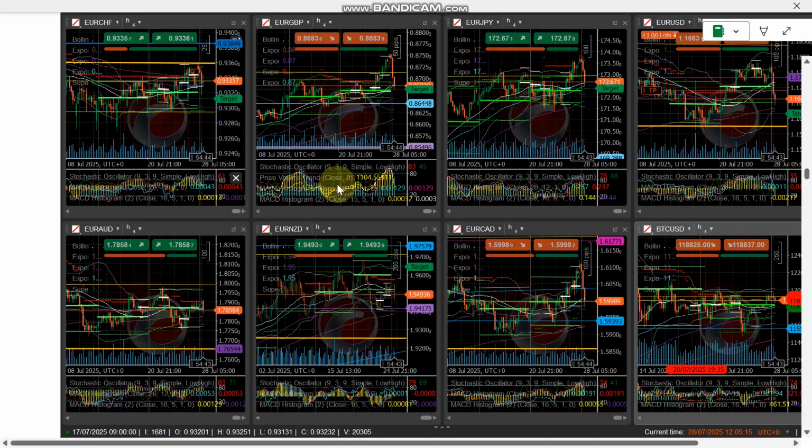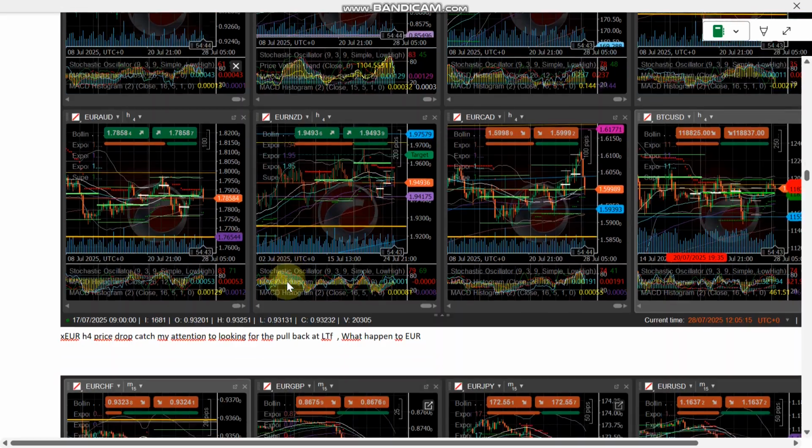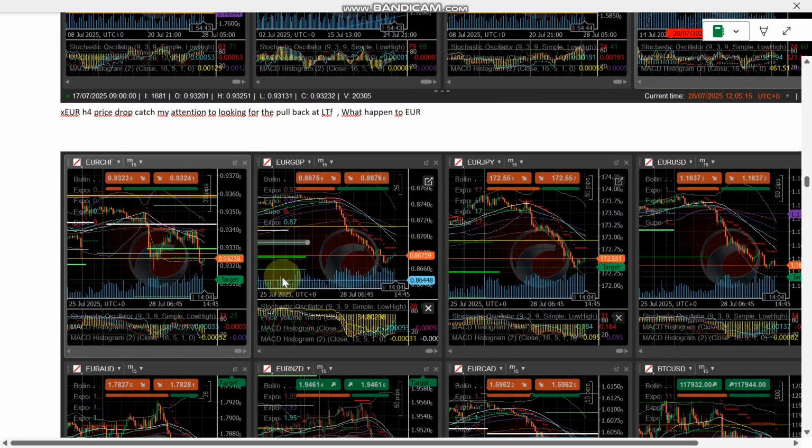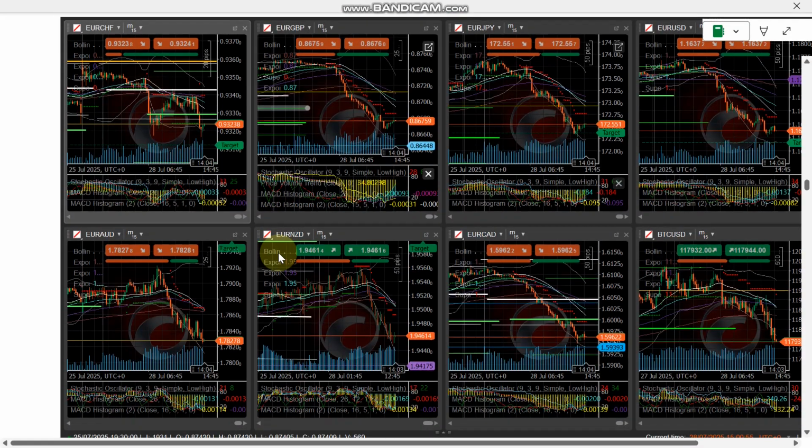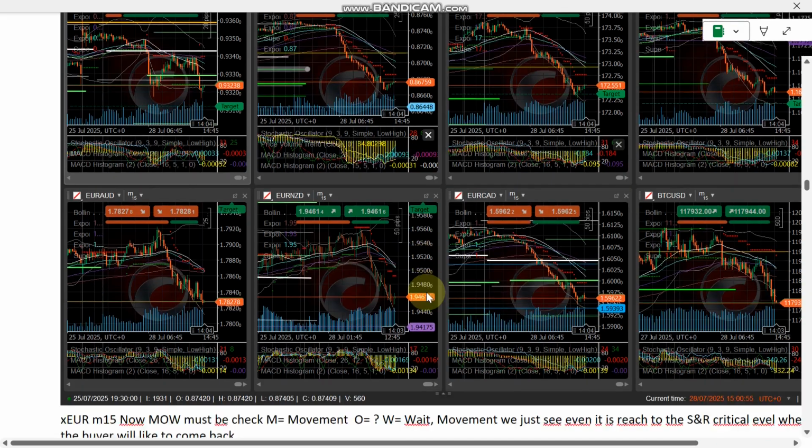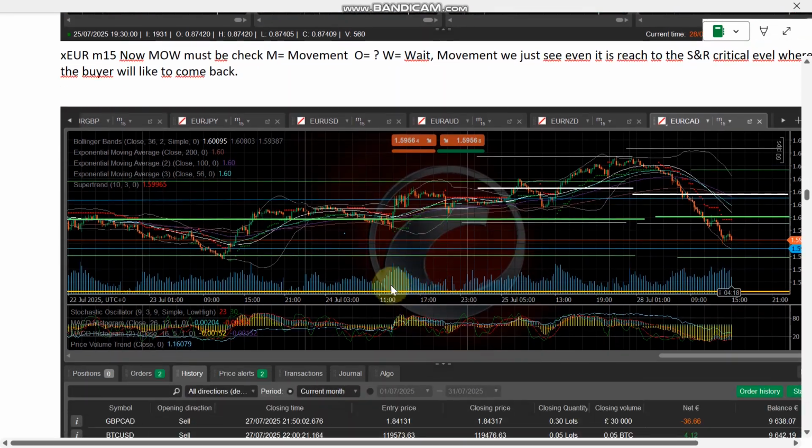Euro across the board 4 hours. Now Euro drop. Euro is weak, being dumped for 15 minutes, more like a waterfall. I haven't had a chance to put the lines in yet. No time. Here, Euro CAD.